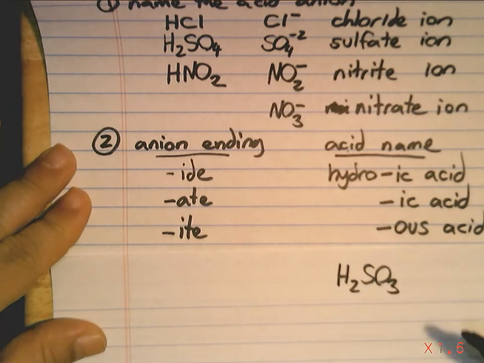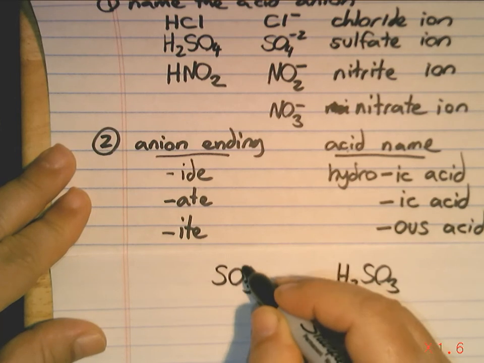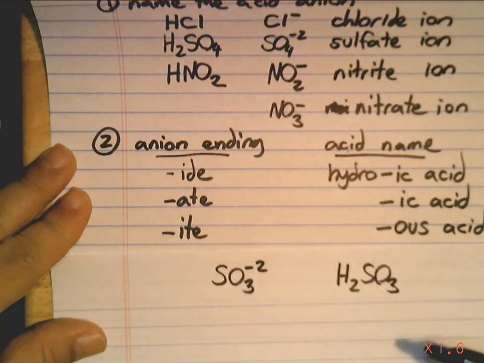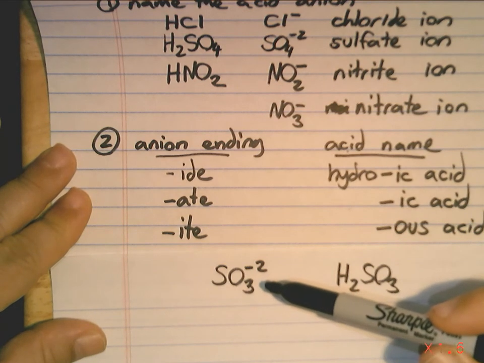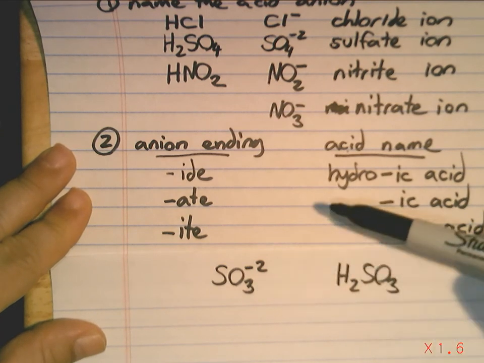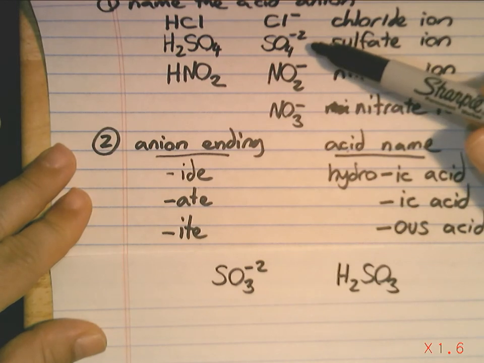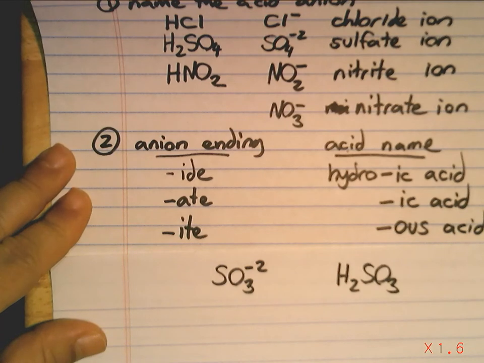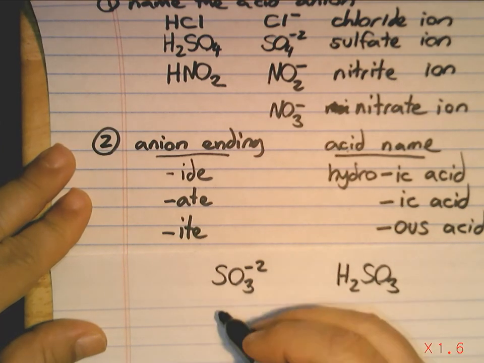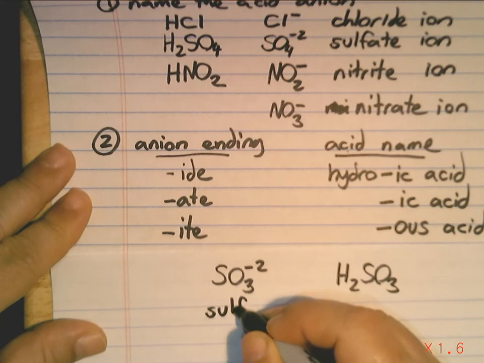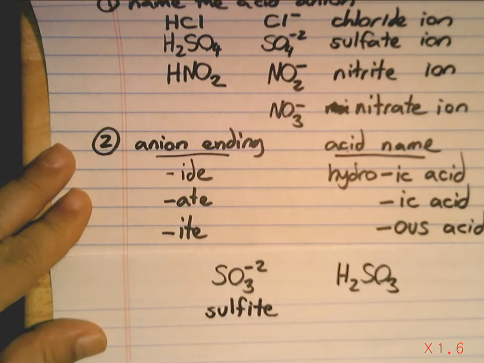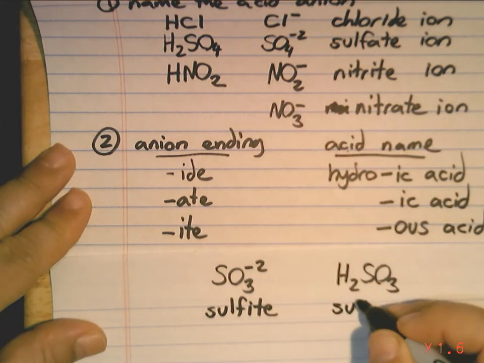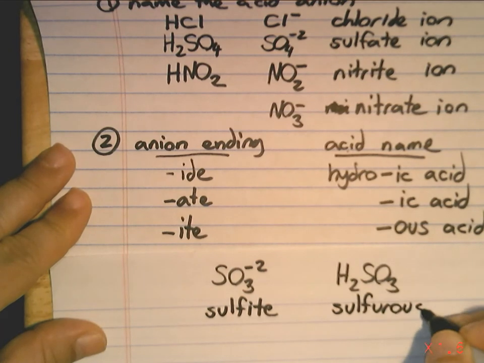If I pull two H pluses off of that, the ion inside there is going to look like this. Now, we don't know this ion. It's not familiar to us because it's not on our polyatomic ion list. But sulfate is on our list. And this has one less oxygen than sulfate does. And we have a rule. If we want to put one less oxygen in something, I can put an ITE ending on that. So this is a sulfite ion. So that means that I'm going to take off the ITE and put an OUS. And this will be sulfurous acid.